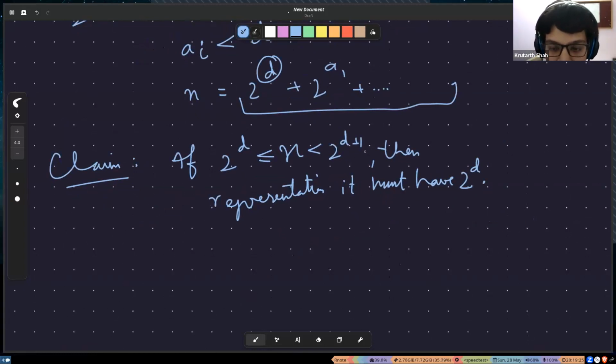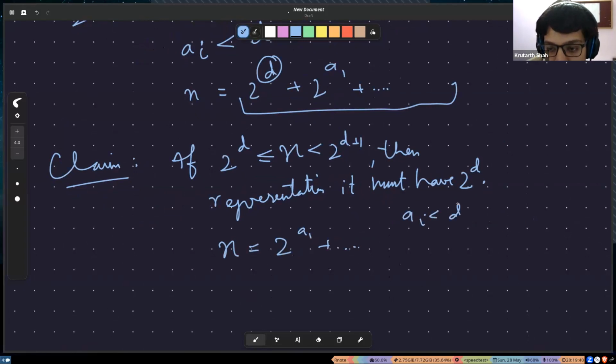It clearly can't have 2 to the power of d plus 1 or anything above it, so whatever representation it is, it must be made of terms with ai less than d.